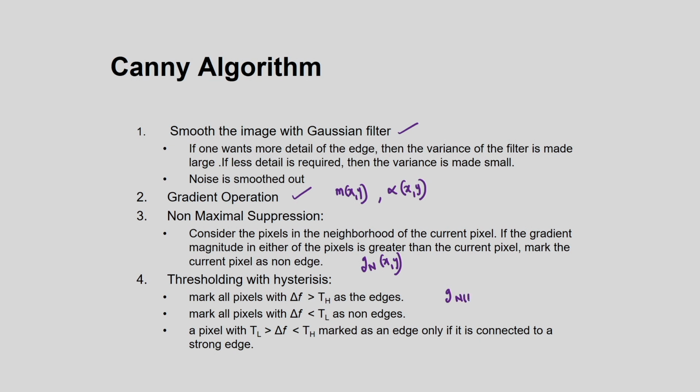One is G_NH(x,y), that corresponds to the strong edge pixels, and another is G_NL(x,y), that corresponds to weak edge pixels. So these are the steps, and after this, step number 5 will be the edge linking.